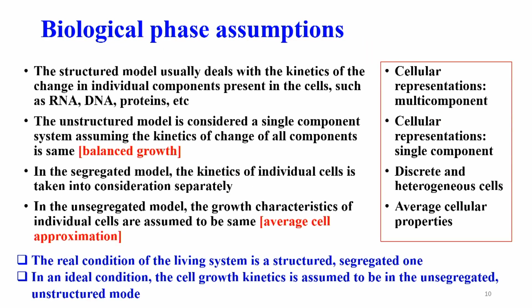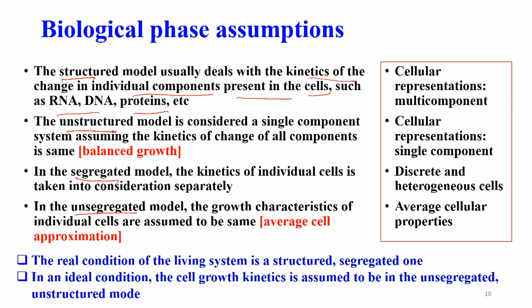Next come the biological phase assumptions. Here there are four different categories: structured, unstructured, segregated and unsegregated. Structured considers the kinetics of change in the individual cell components present in the cell, such as RNA, DNA and protein.